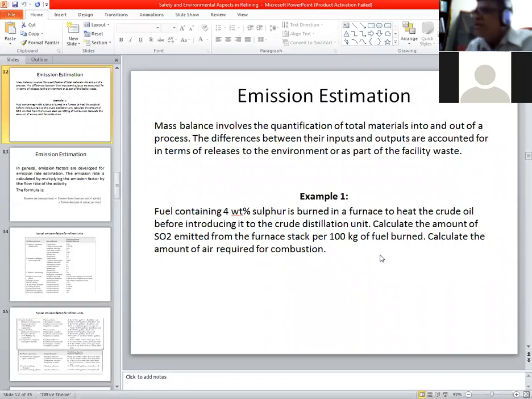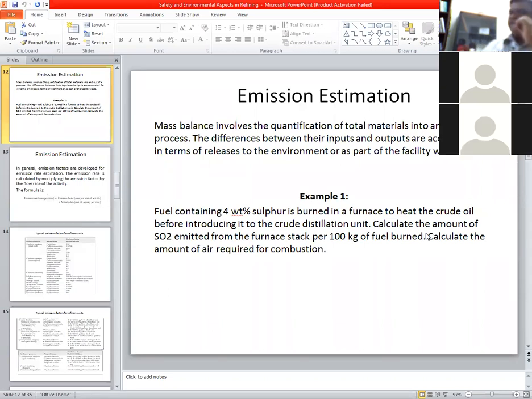Number of mole of oxygen, can we calculate? Just now we calculated the number of mole of sulfur.